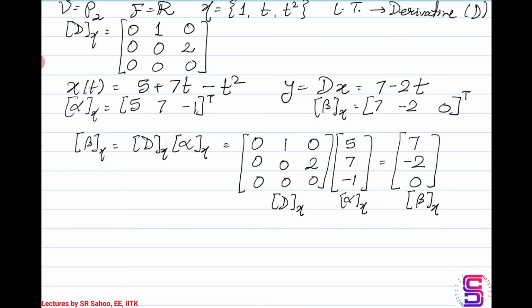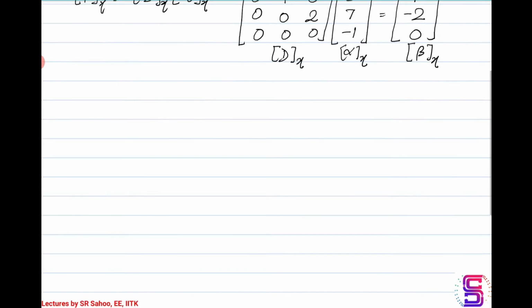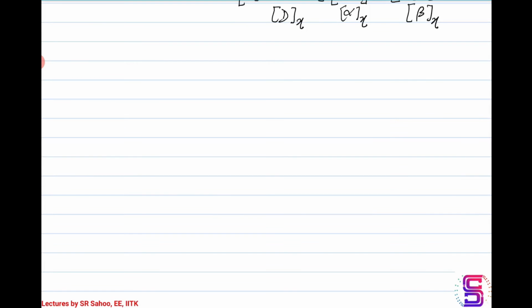Try to find out what are the coordinates of x with respect to the basis y and the coordinates of vector y with respect to the basis y, and perform this operation and see whether you are able to get that or not. Okay, so this is one use of the matrix representation.